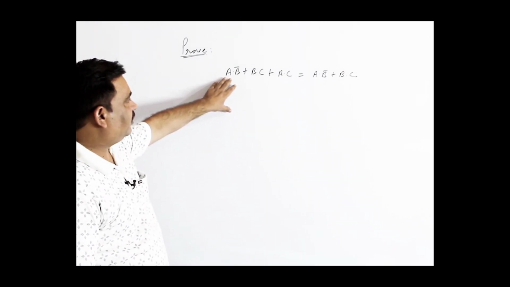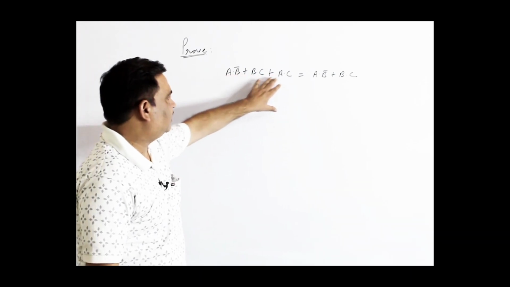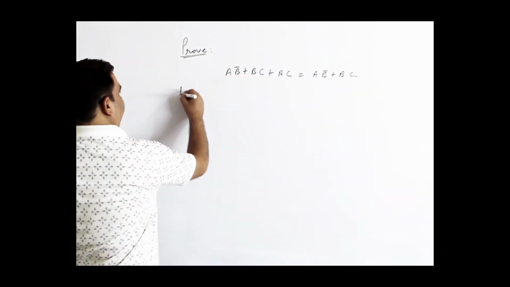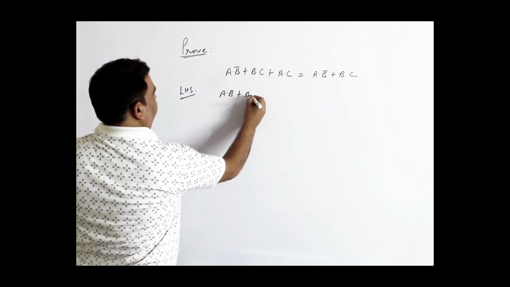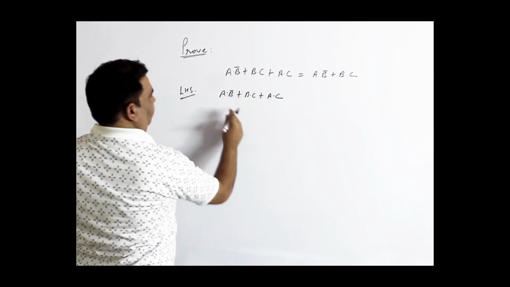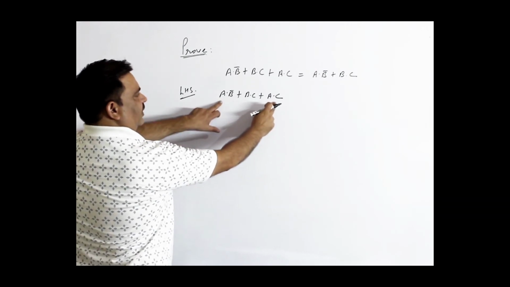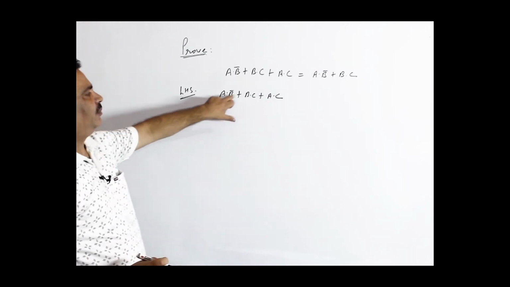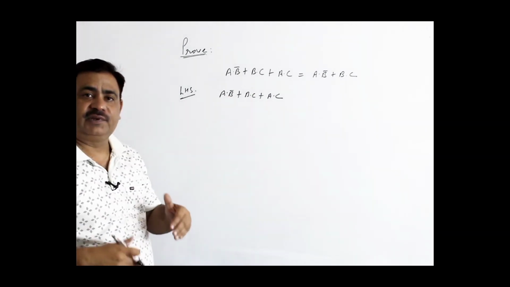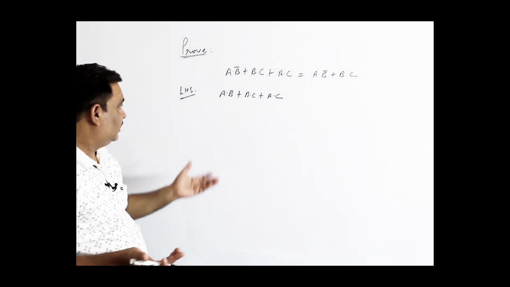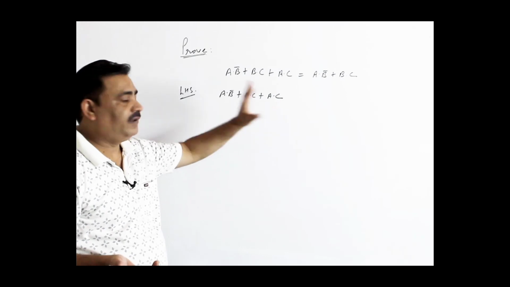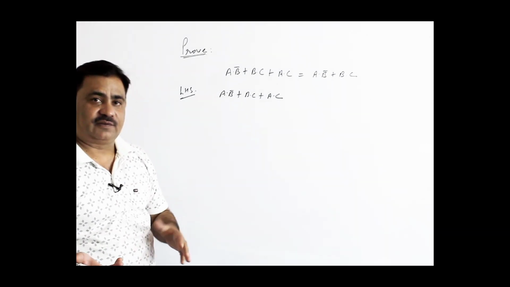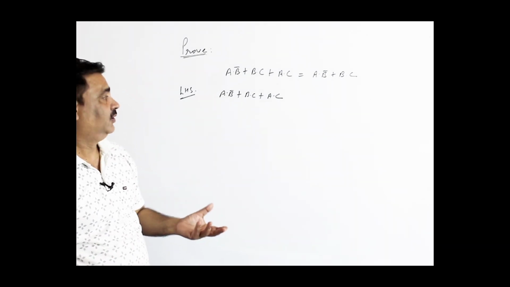Take the LHS first: A dot B complement plus B dot C plus A dot C. If you take A common from the first and last term, then inside is B complement plus C, and you get stuck here. If you take C common, again inside B plus A will be there, and afterwards we can get stuck again.